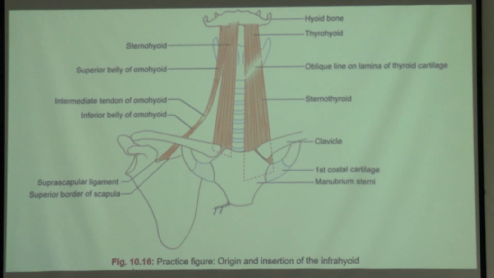Lateral to that and posteriorly, and just posterior to it, we will get the esophagus. In between esophagus and the trachea, we can get one very important nerve, that is the recurrent laryngeal nerve.